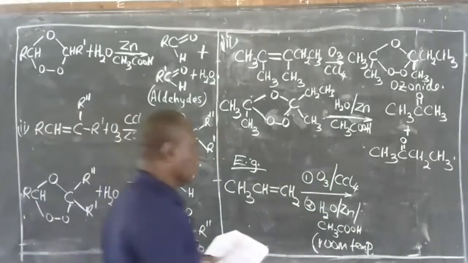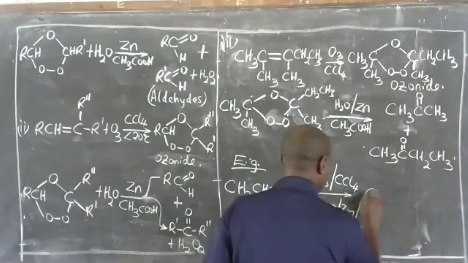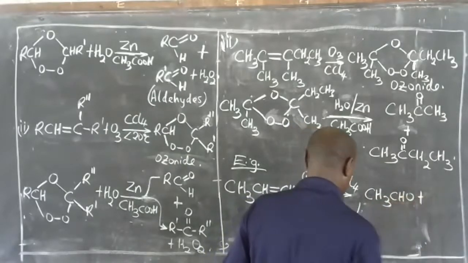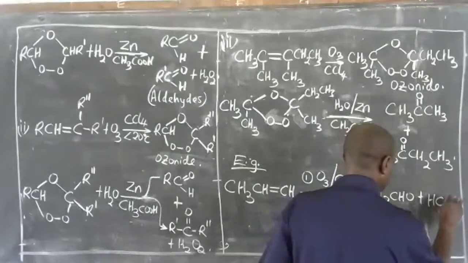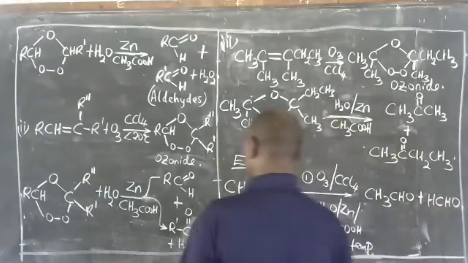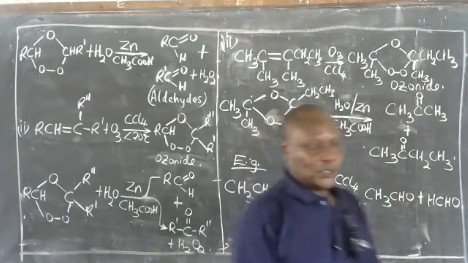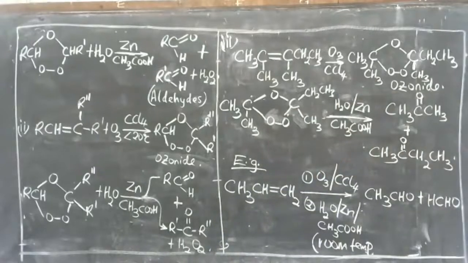Then here you are going to get CH3CHO plus HCHO. So all those steps there, which I have been discussing, adding ozone in the presence of carbon tetrachloride to get ozonide, and then ethanoic acid plus water in the presence of zinc, that's hydrolysis to give you the final product.